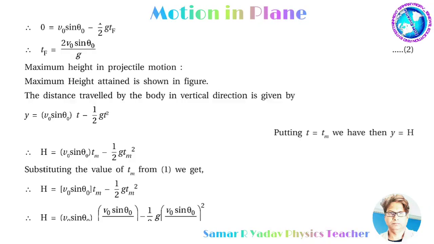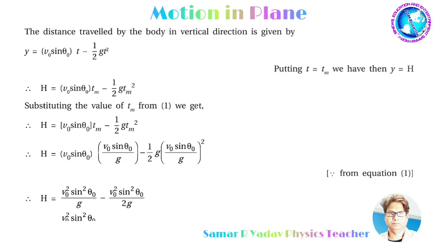Substituting the value of Tm from equation 1, we get h = (v0 sin θ0)(v0 sin θ0 / g) − 1/2 g (v0 sin θ0 / g)².